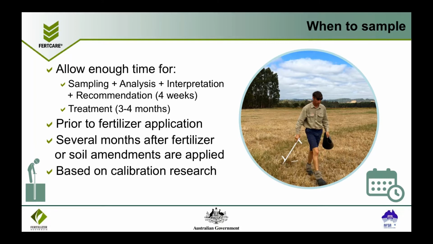So for example, if we think back to the Better Fertilizer Decisions for Crops or Pastures work, there may be other local calibration research which basically dictates that soil samples are taken in summer because the pasture or crop responses were evaluated in the following winter.